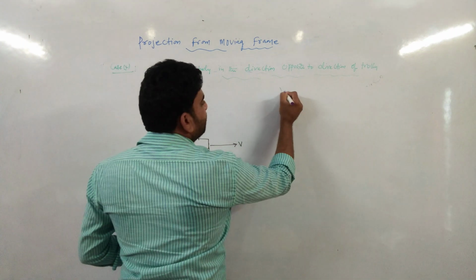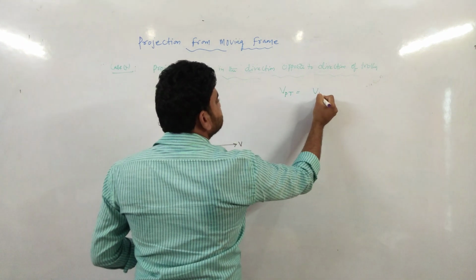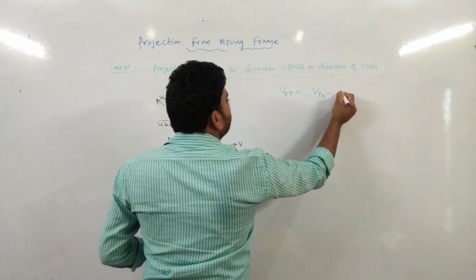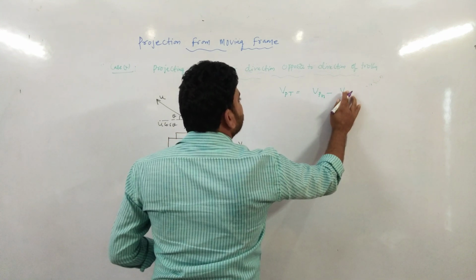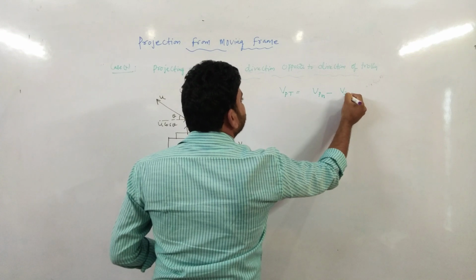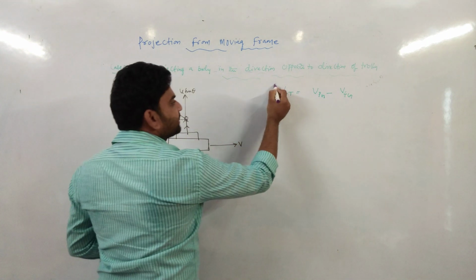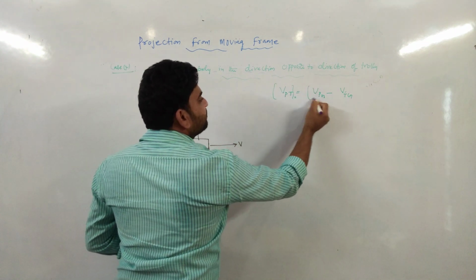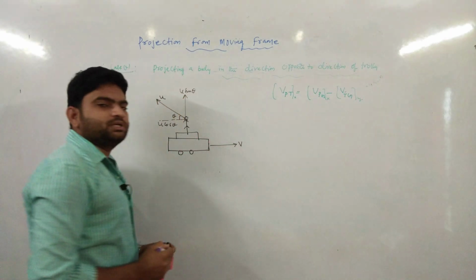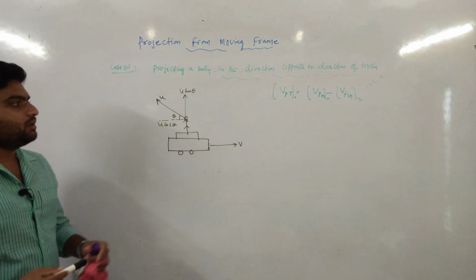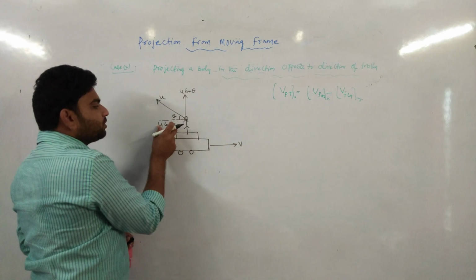Now velocity of projection with respect to trolley can be written as velocity of projection with respect to ground minus velocity of trolley with respect to ground, right? So this is also along the x direction. That means there is no change in the y direction, so the vertical direction will not change. Now here, what is the velocity of projection with respect to trolley? That is u cos theta.